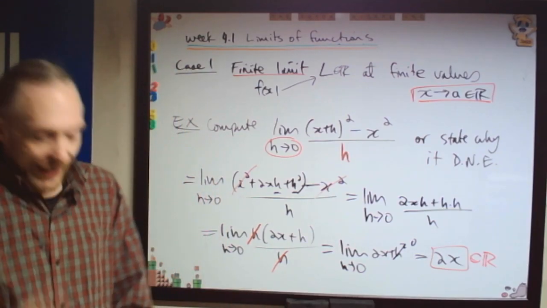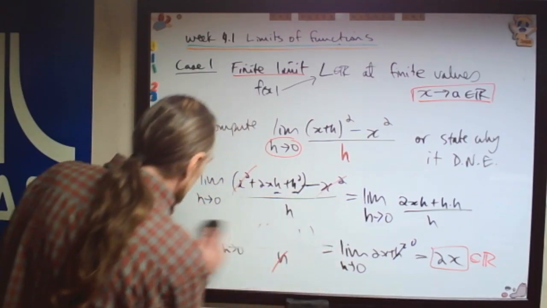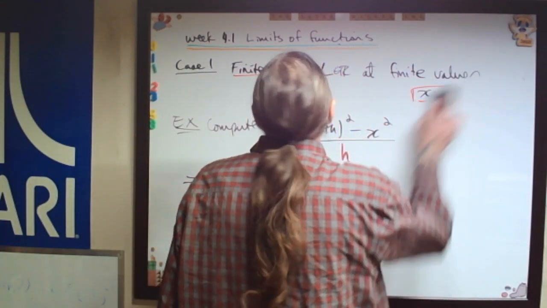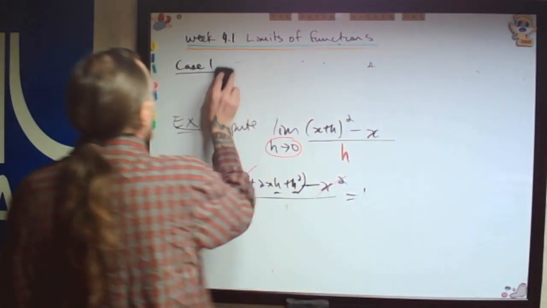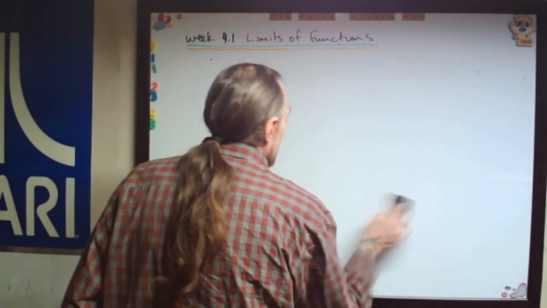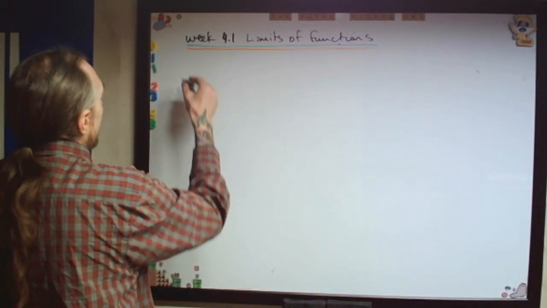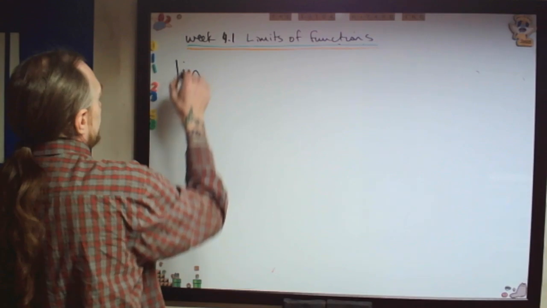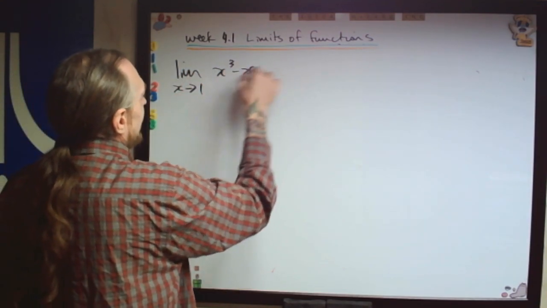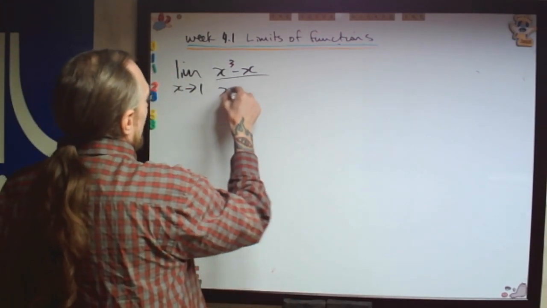Let's do one more in x, since I switched it to h accidentally, and I might have confused you a little bit. All right, the limit as x approaches 1 of x cubed minus x over x minus 1.